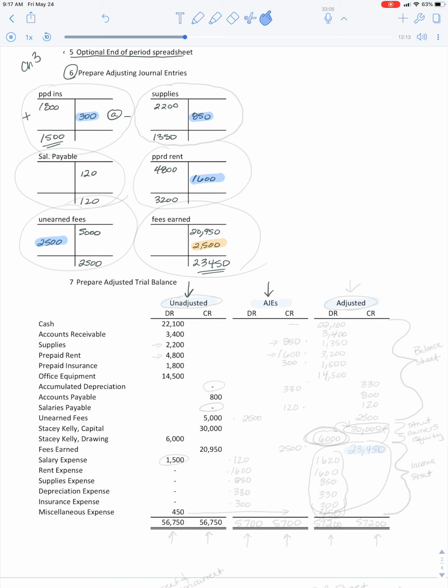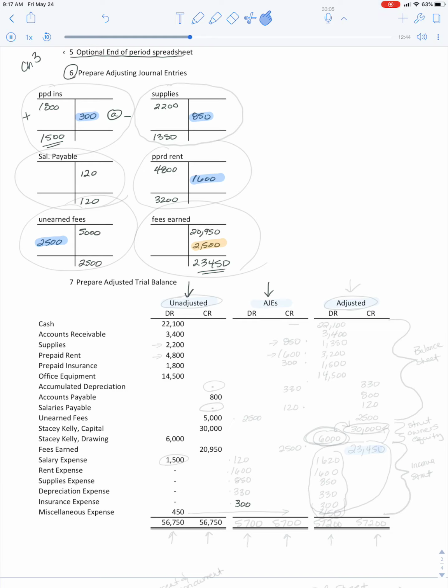So the first thing that we did was we adjusted insurance expense and prepaid insurance for $300. So we had this one here, debit to insurance expense, credit to prepaid insurance. So you're going to put a debit to insurance expense and a credit to prepaid insurance.